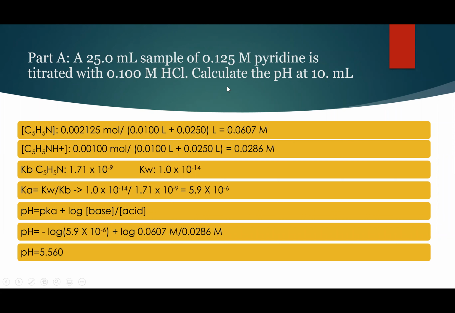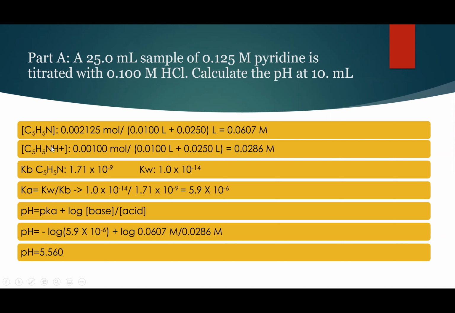Now that we know how many moles we have left over after the addition of acid, we will find the concentration of both the weak base and its conjugate acid, which consists of us using the moles left over divided by total volume, which is the volume of the hydrochloric acid as well as the original volume of pyridine, which gives us 0.0607 molar.